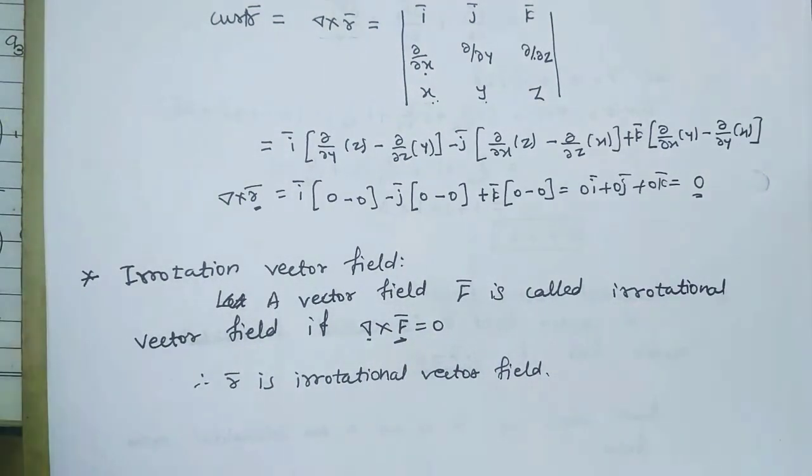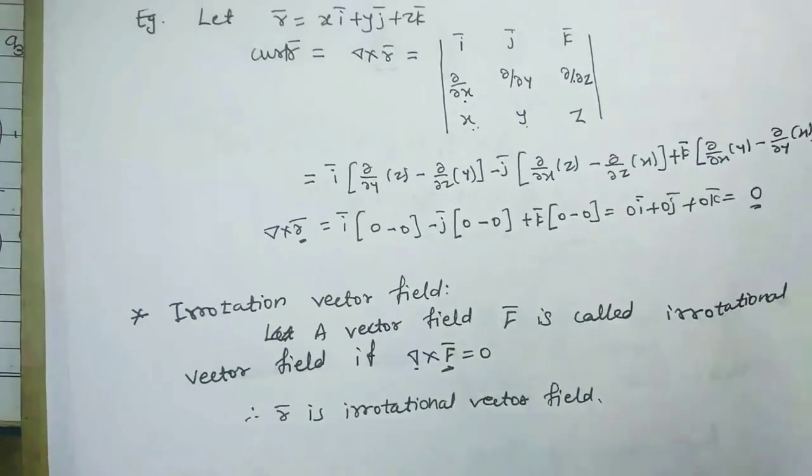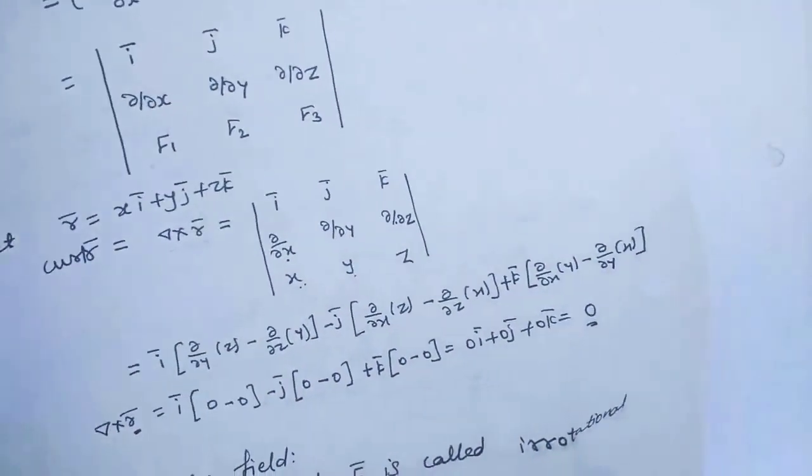Now if f bar is an irrotational vector field, then we can find a scalar potential. So we will learn the concept of scalar potential. So what is scalar potential?